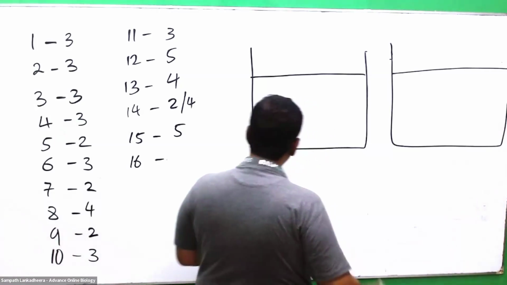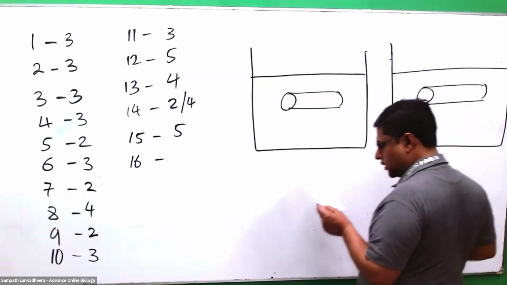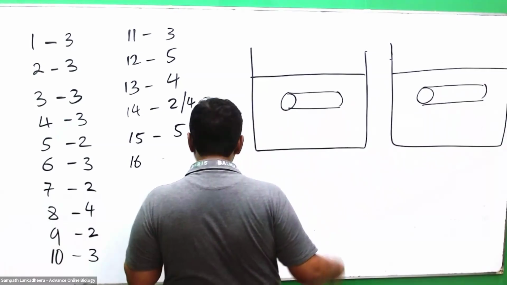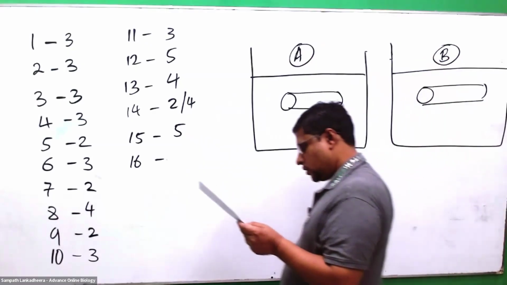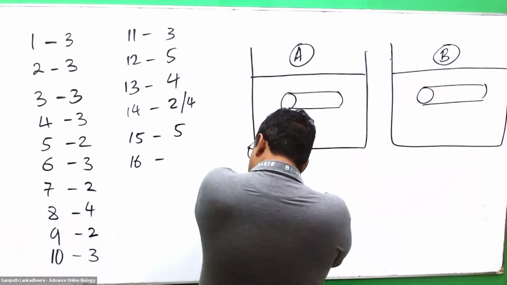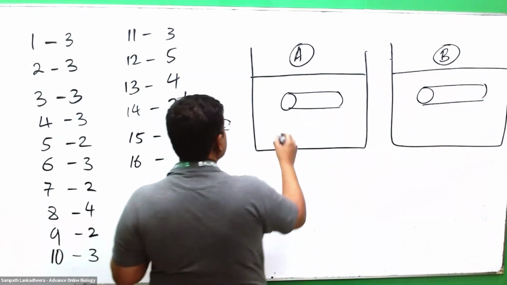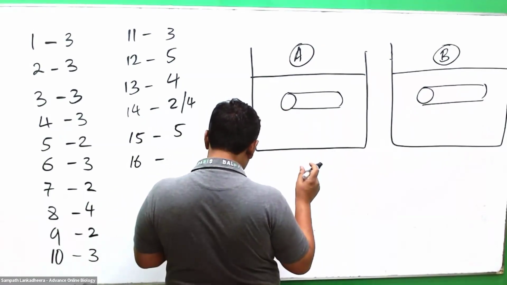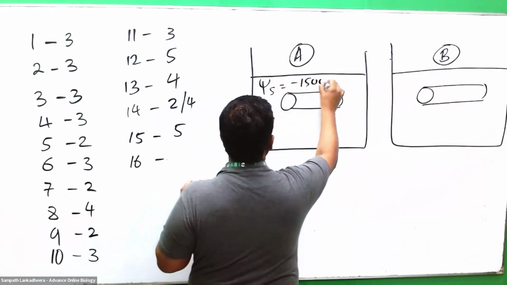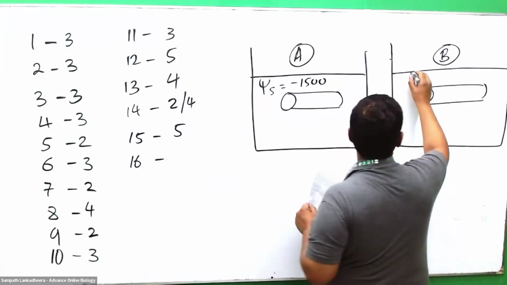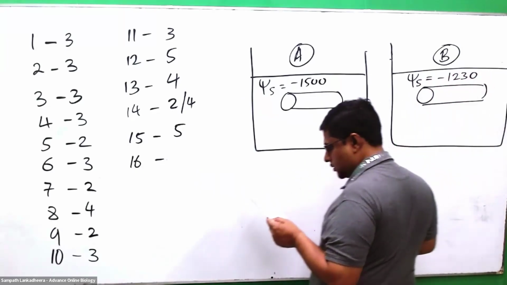Two potato strips of 5 centimeter, immersed in two sucrose solutions named A and B, in which the solute potential of the solution is minus 1500 kilopascals here, and here the solute potential of the solution is minus 1230 kilopascals.